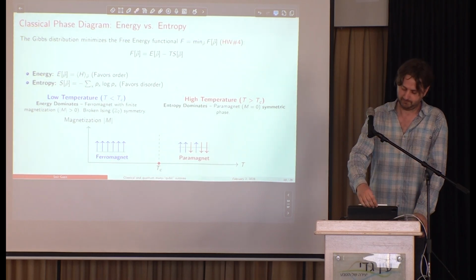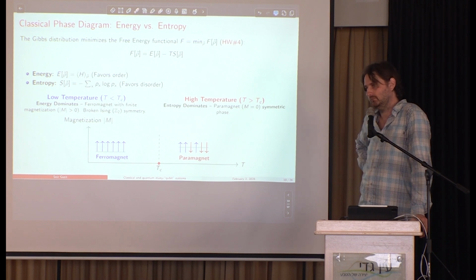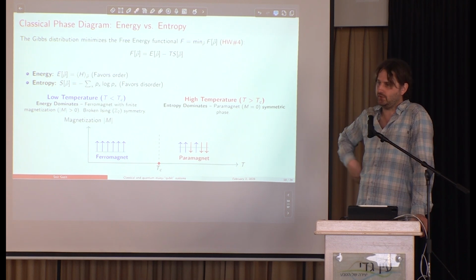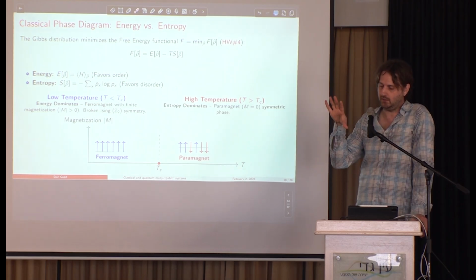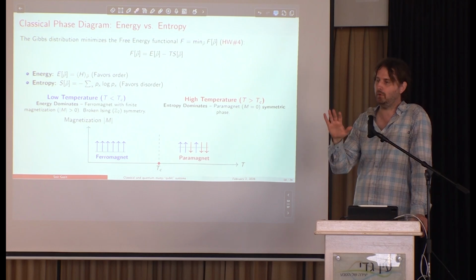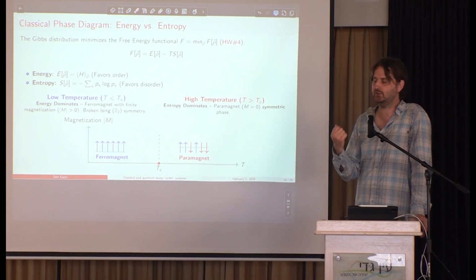Why won't you just have an equal distribution between this and this? Formally, you're right. The distribution is an equal probability sum over the two. But physically, this is not what's happening.